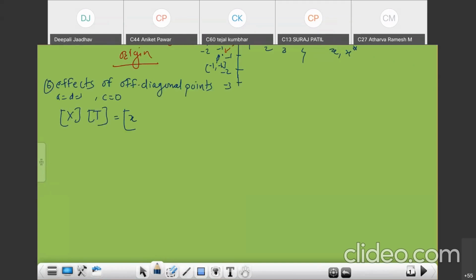A is equal to 1, B has some value, C is 0 and D is equal to 1. What is the result of this multiplication?